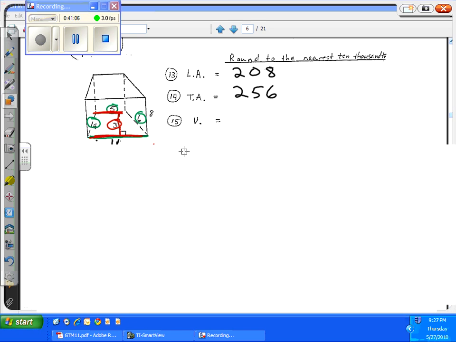Volume. Volume is area of bottom times height. Area of bottom times height.